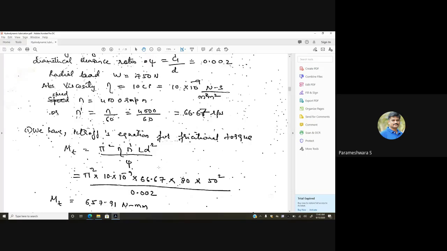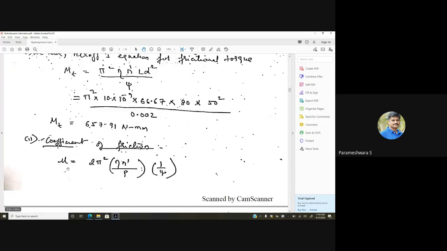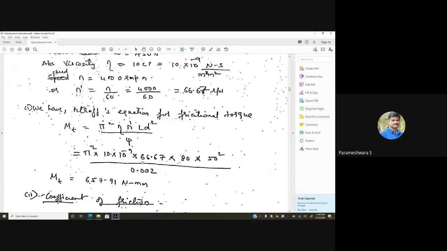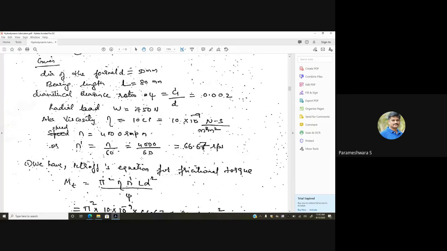Similarly, you can calculate the coefficient of friction. The formula is mu equals 2 pi square into eta N dash over P into 1 over psi. Is the P value given? P value is not directly given. Instead, they have given you the load of 750 Newton.